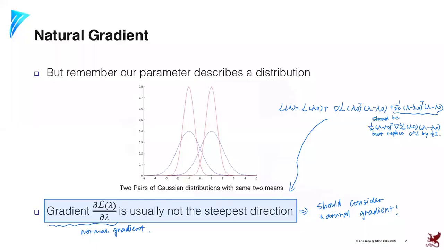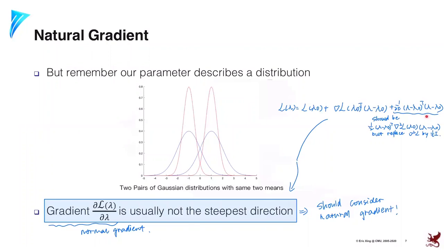And that's why we say the gradient of the lower bound with respect to the parameters will not be in the steepest direction. We can actually explain more about this point. The reason why this happens is that when we use gradient methods, the objective function is approximated by a local quadratic second order approximation like this.